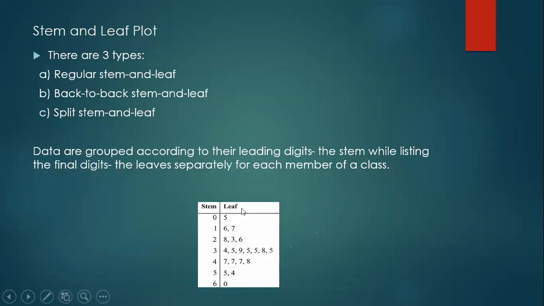So if I was to rewrite this out, the first value would just be 5. The second value would be 16. The third value would be 17. The fourth value would be 28, and the last value would be 60. So as I said before, you normally use the stem and leaf when you have a data set of 20 or less.